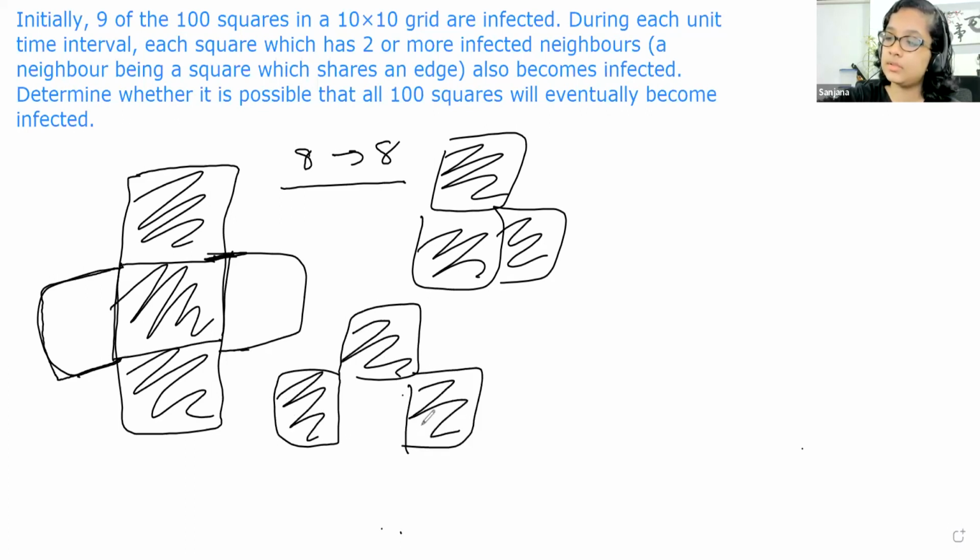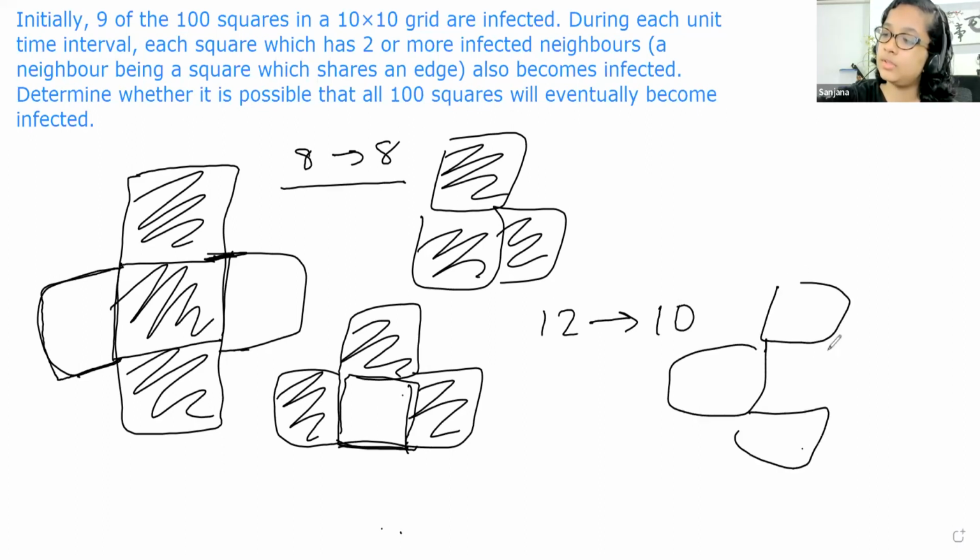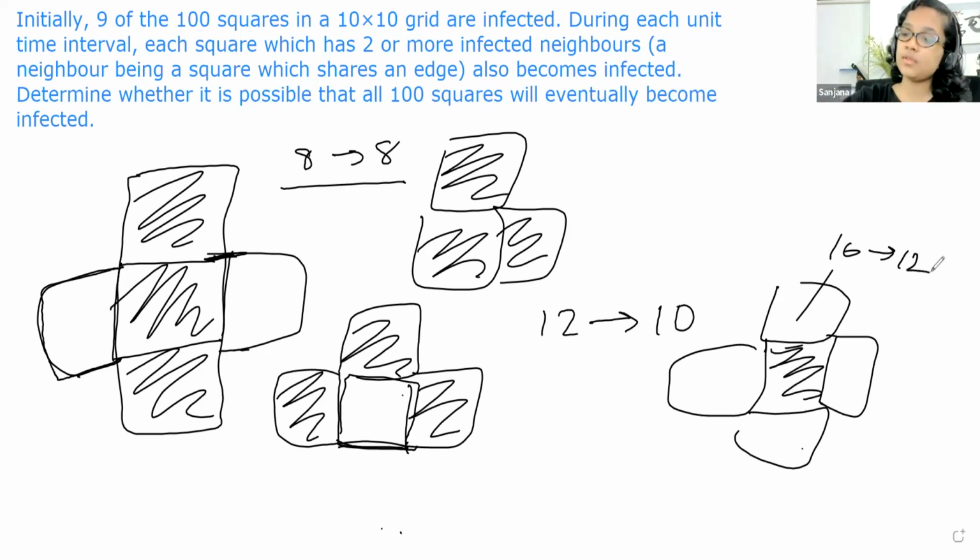Here the original perimeter is 12, and when you add this as well, you're losing these three edges but getting this edge, so it becomes minus 2, which is 10. And lastly, if all four are originally infected, then it's 16, and when this becomes infected you're losing 4 edges, so it becomes 12.